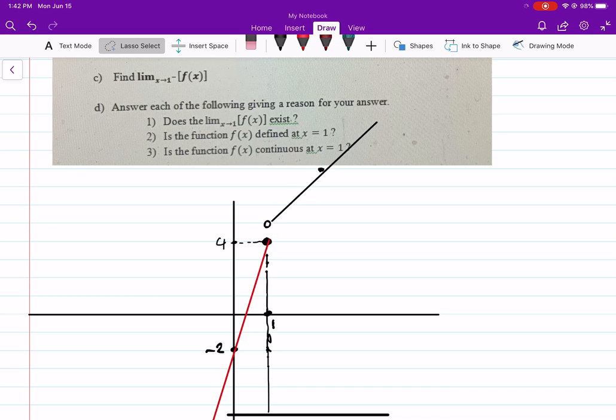All right, notice, let me come straight down here. This value here is 5. Good. I'm supposed to put this part in red as well.